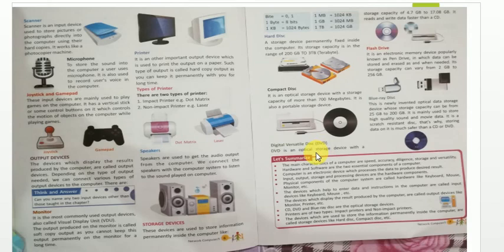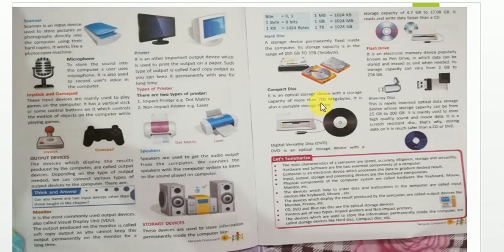DVD is an optical storage device which can store 4.7 gigabytes to 17.08 gigabytes, and it reads and writes data faster than a CD. That is the difference between a CD and a DVD.